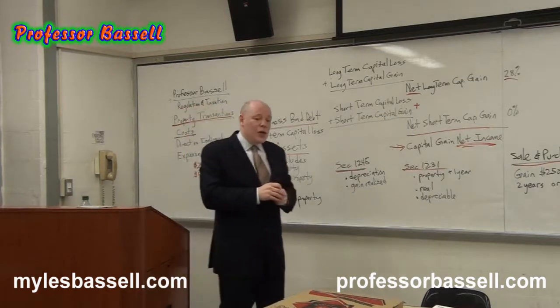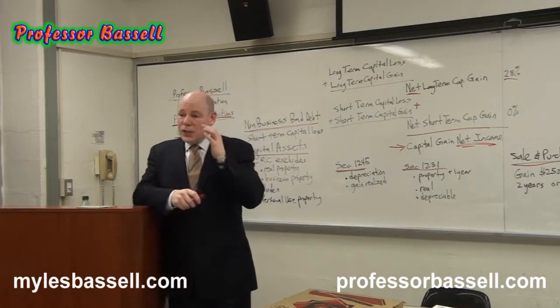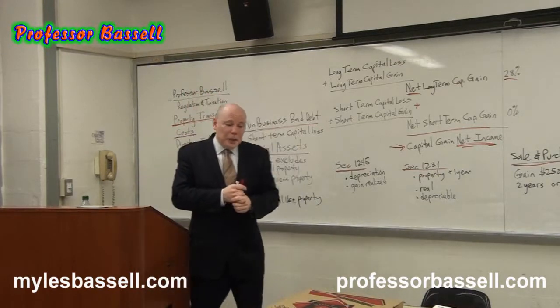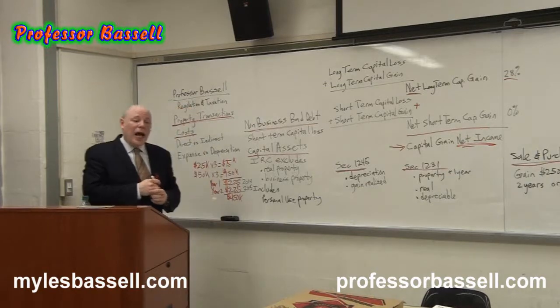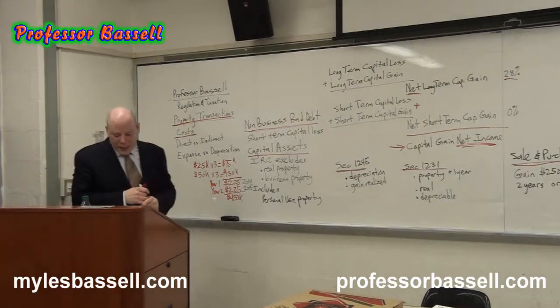So my question is, what portion of those costs are considered to be capital assets? What do you think? Is the lot that we purchased for parking going to be considered a capital asset?